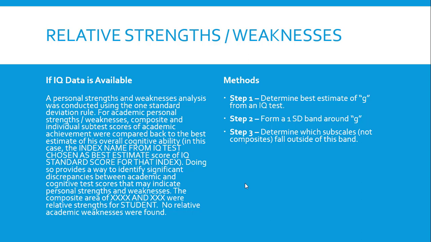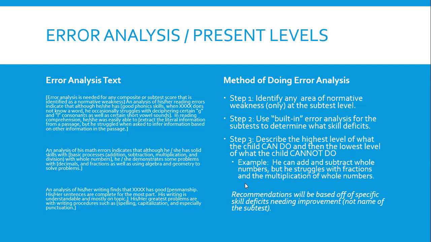And then you form the band around G, and then you determine which ones fall outside of that, either relative strength or relative weakness. The only really big difference between how this works and how strengths and weaknesses work cognitively is that we use subscales here. We used only composite scores for IQ, but we use subscales here for relative strengths and weaknesses for achievement. And the best estimate of G comes from a different test. So that's just something to keep in mind.